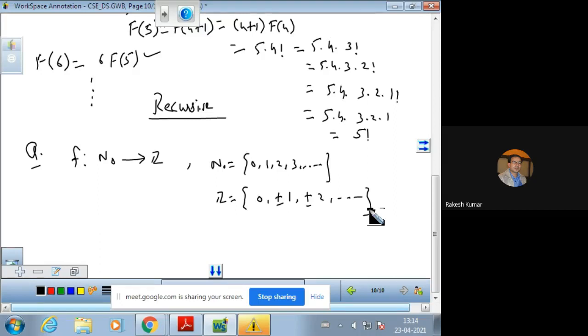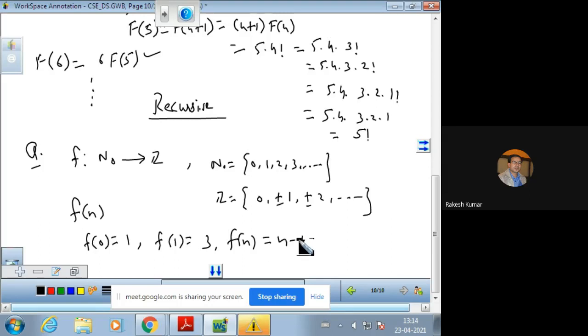So these are the two sets defined here. The question says that if f is well defined, then find a formula for f(n). What is given to us? We are given f(0) is 1, and f(1) is 3. f(n) is equal to n minus f(n-1).